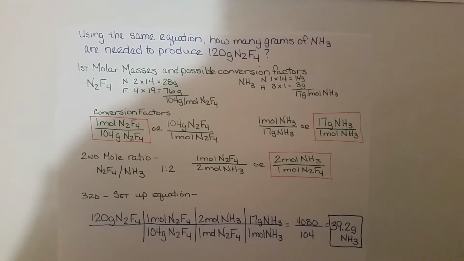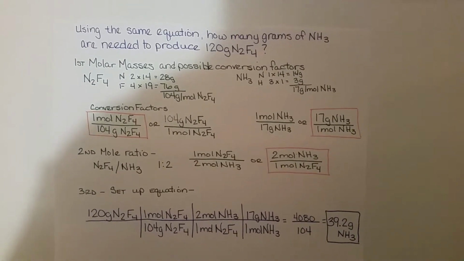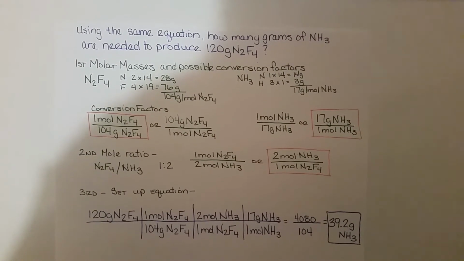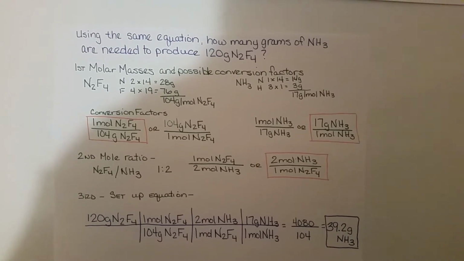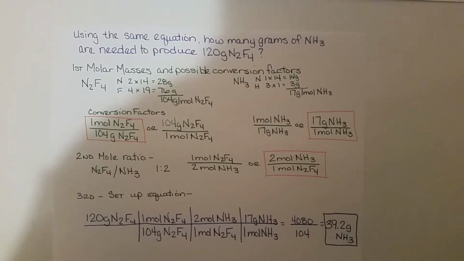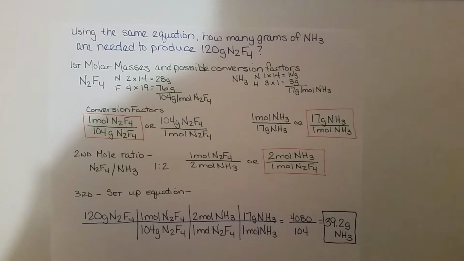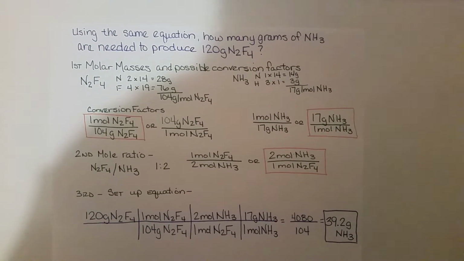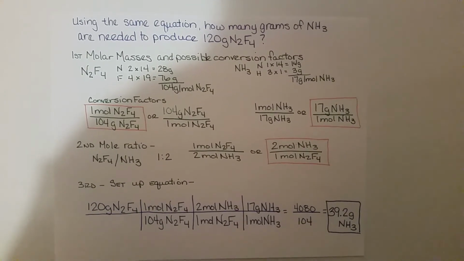Each of those molar masses gives you two different conversion factors. For N2F4, you have 104 grams on the bottom and 1 mole on top, or you have 104 grams on top and 1 mole on the bottom. The same thing for NH3. 1 mole of NH3 can go on the top or the bottom.